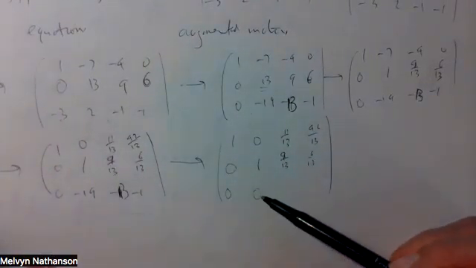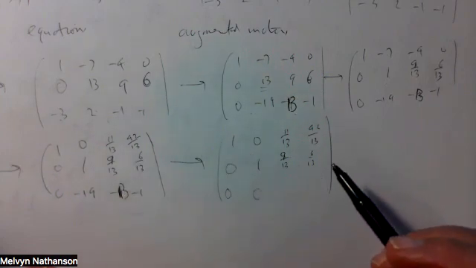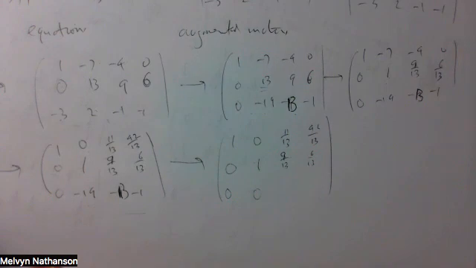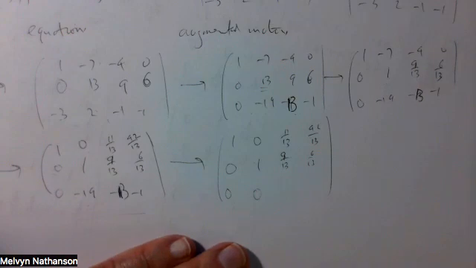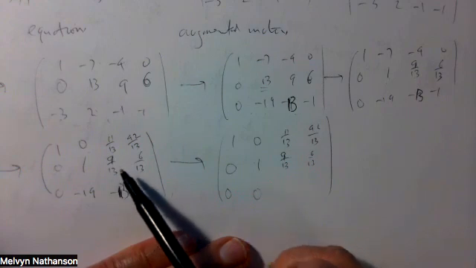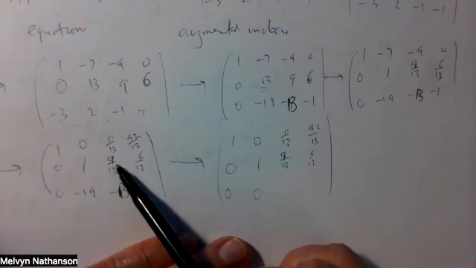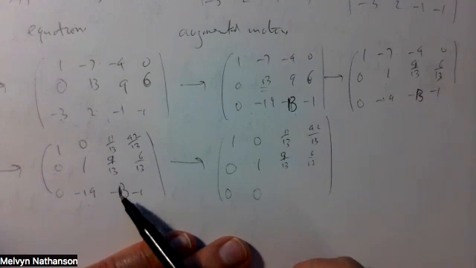Minus 19 plus 19 is 0. I have 19 times 9 over 13, minus 13.